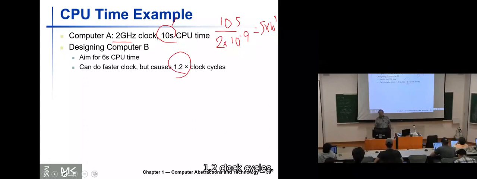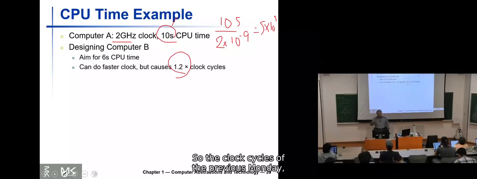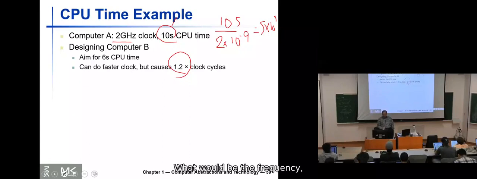How much? 1.2 times. So the clock cycles of the previous one, the A computer, times 1.2 is the clock cycles of the computer B. So if this is the case, with that task, what would be the frequency, the clock rate, to make it in 6 seconds?